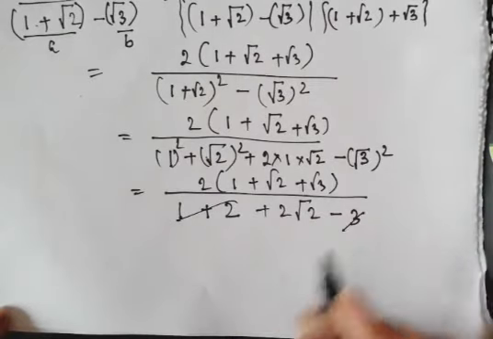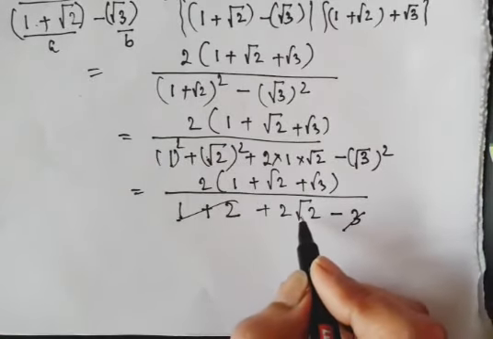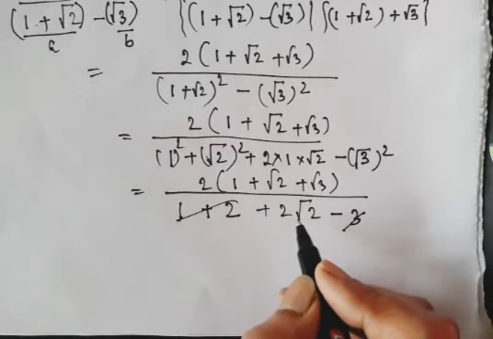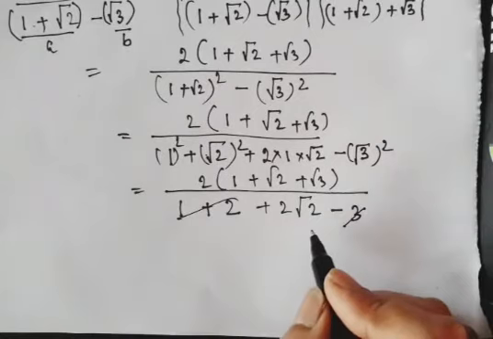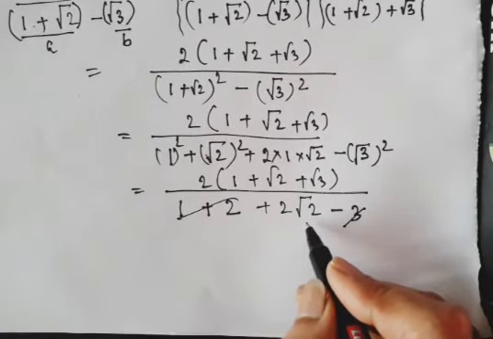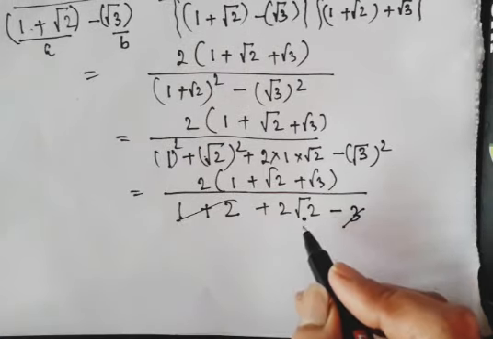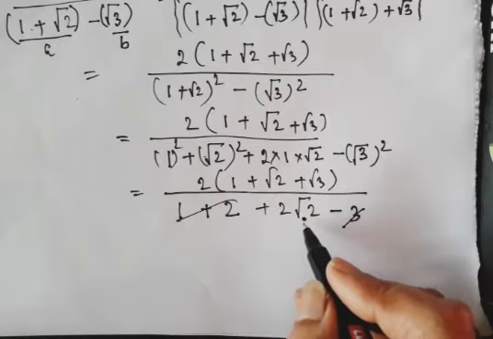This can be cancelled out. Finally the denominator is 2 root 2, but it is not rationalized. So again we have to find another rationalizing factor to multiply this and convert it to a rational number. As long as you are getting an irrational denominator, you have to go on multiplying a suitable rationalizing factor.